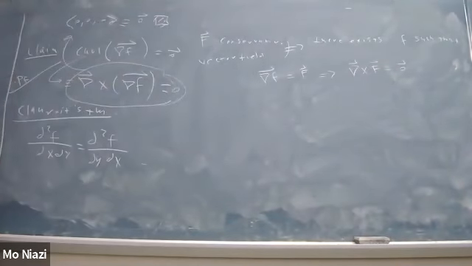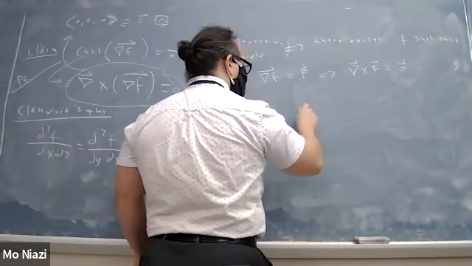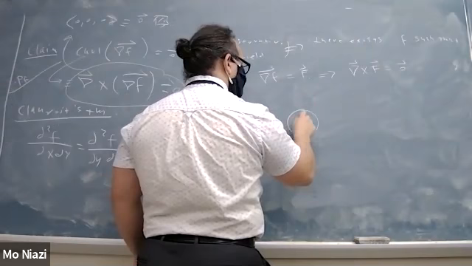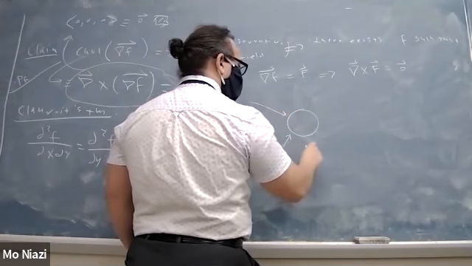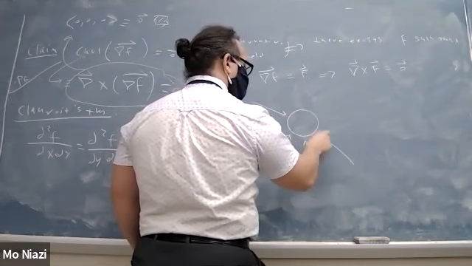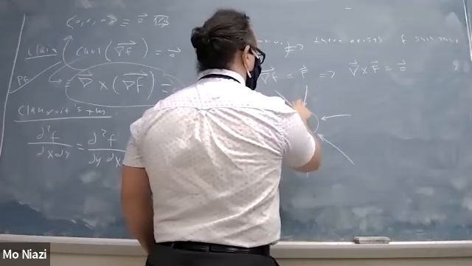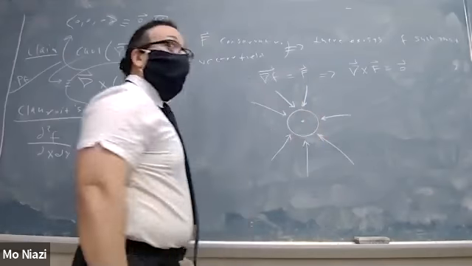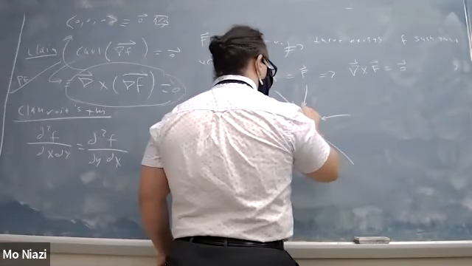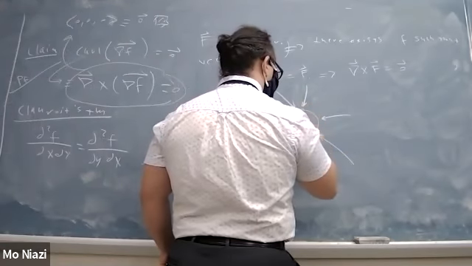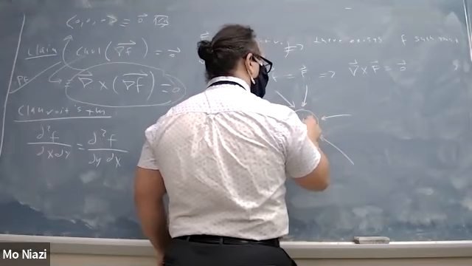That's why the gravitational force is a conservative vector field. Because notice that, let's say here's our planet Earth. The gravitational force just points the same in all directions. There is no curling of the vector. Because if you draw straight lines, the vectors all line up radially with this central dot.